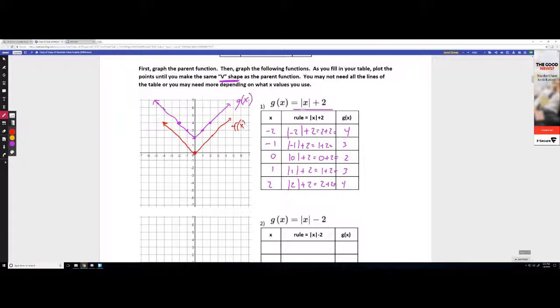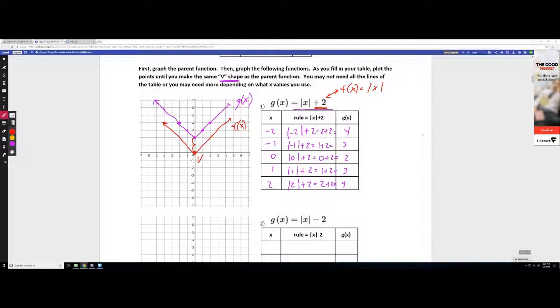That's your parent function. Now, what's interesting is if you look at the parent function, which is just f of x equaling the absolute value of x, the only difference from f of x to g of x here is that plus 2. So what does that plus 2 do? That plus 2 moves your vertex up 2 units. It just shifted it up, so the output values all increased by 2.